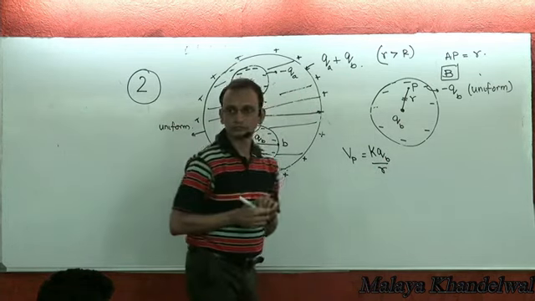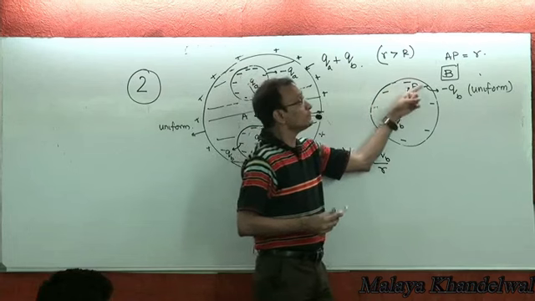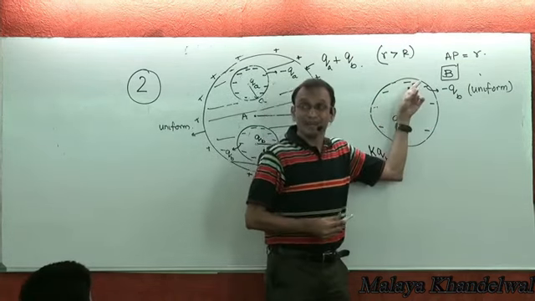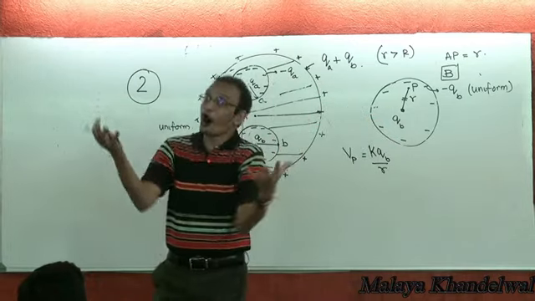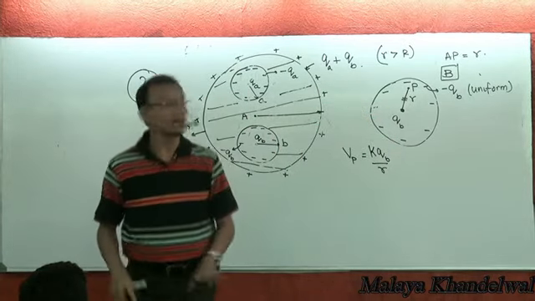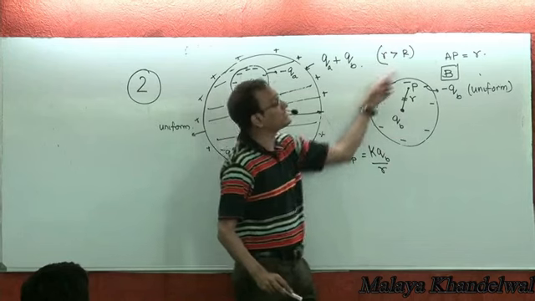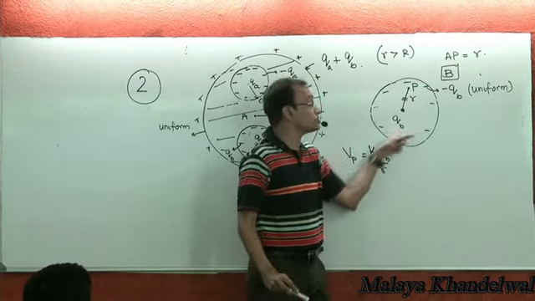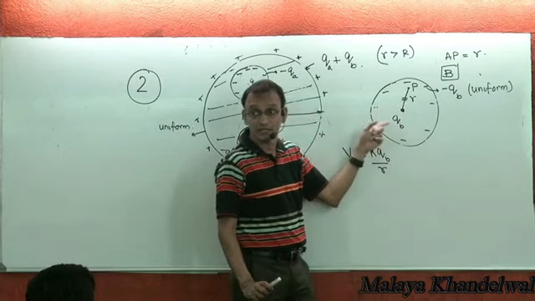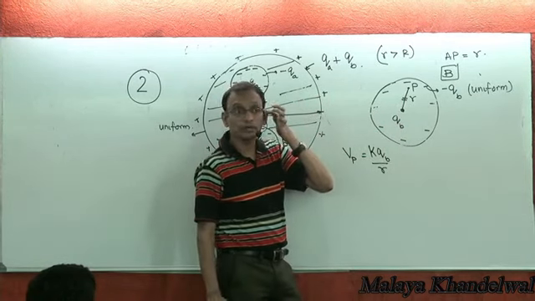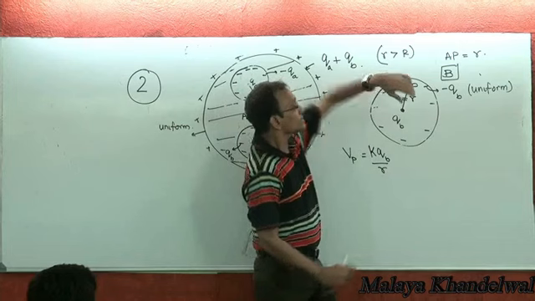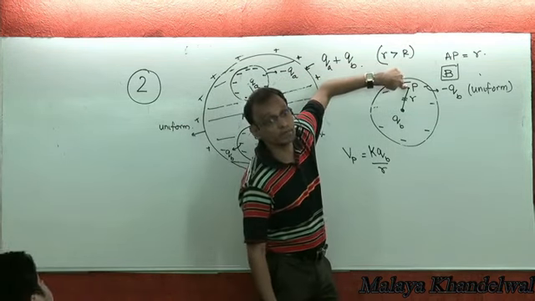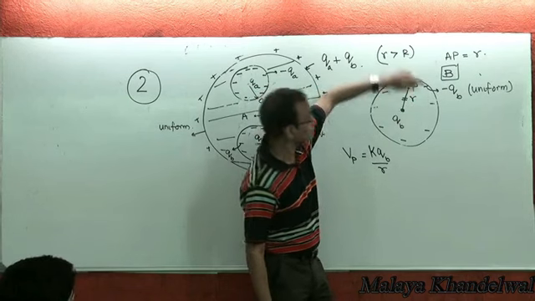Now, if there is charge uniformly distributed, then this uniform distribution all by itself will produce zero electric field inside, right? So it produces a region of uniform potential inside, yes or no? And so at every point, be it this point or this point, it produces the same potential, zero electric field.